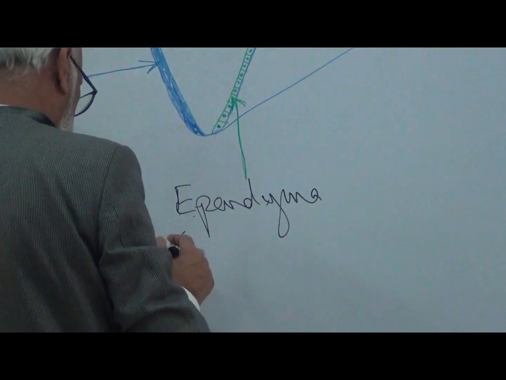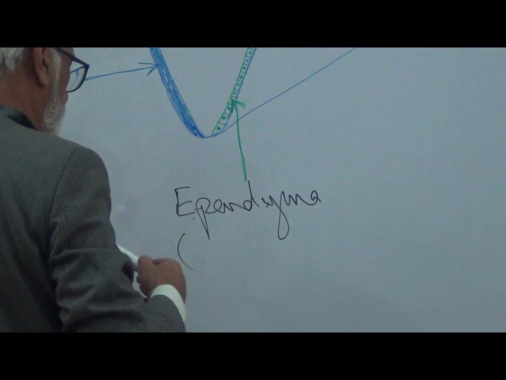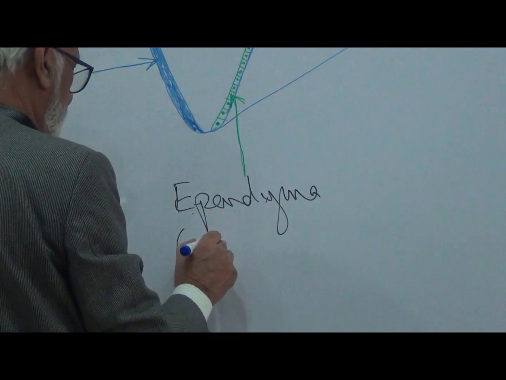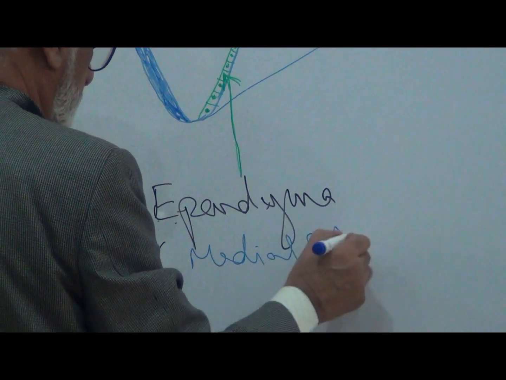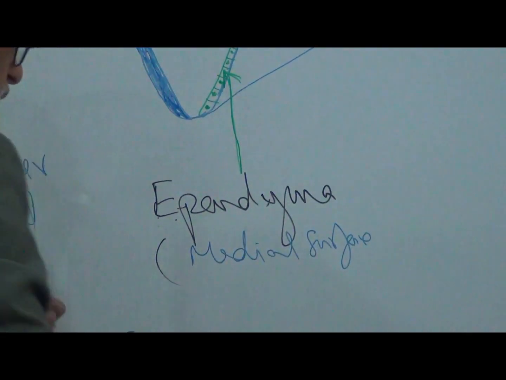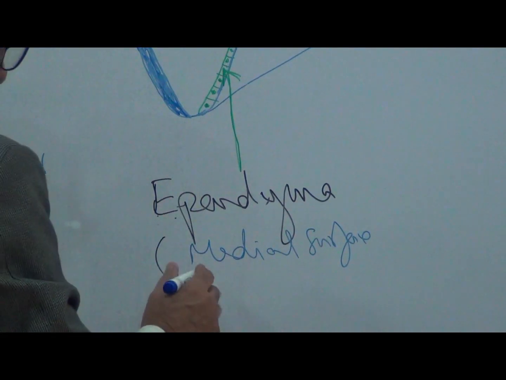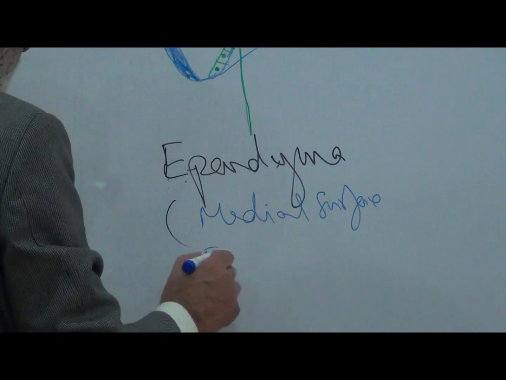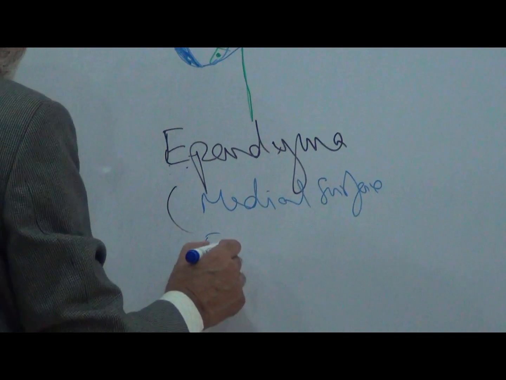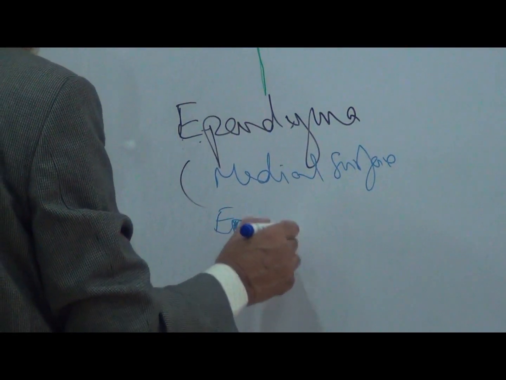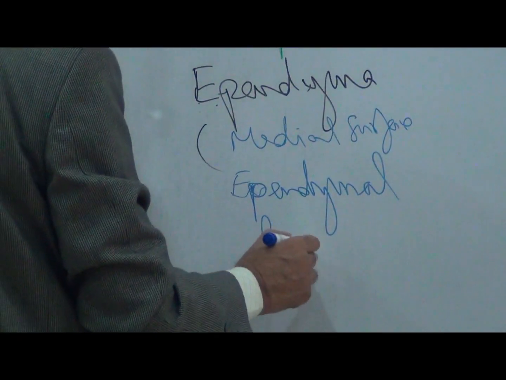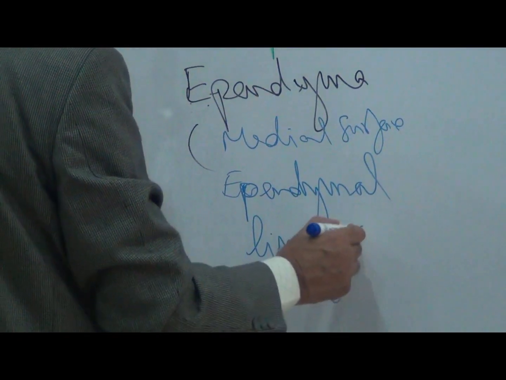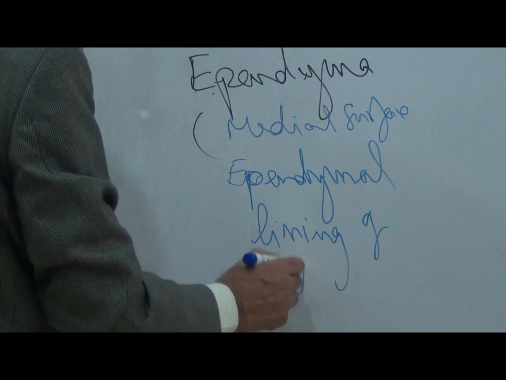Ependyma is covering the medial surface of the thalamus and is the ependymal lining of the third ventricle.